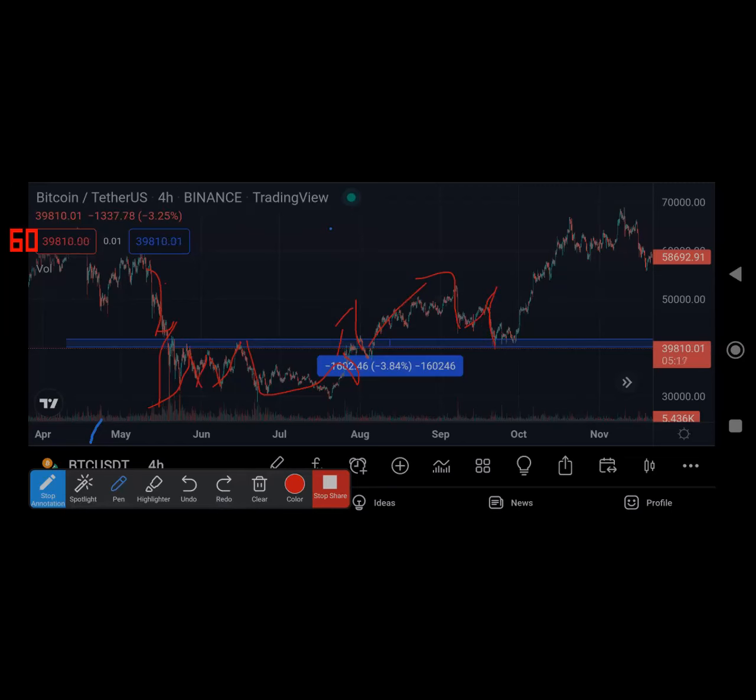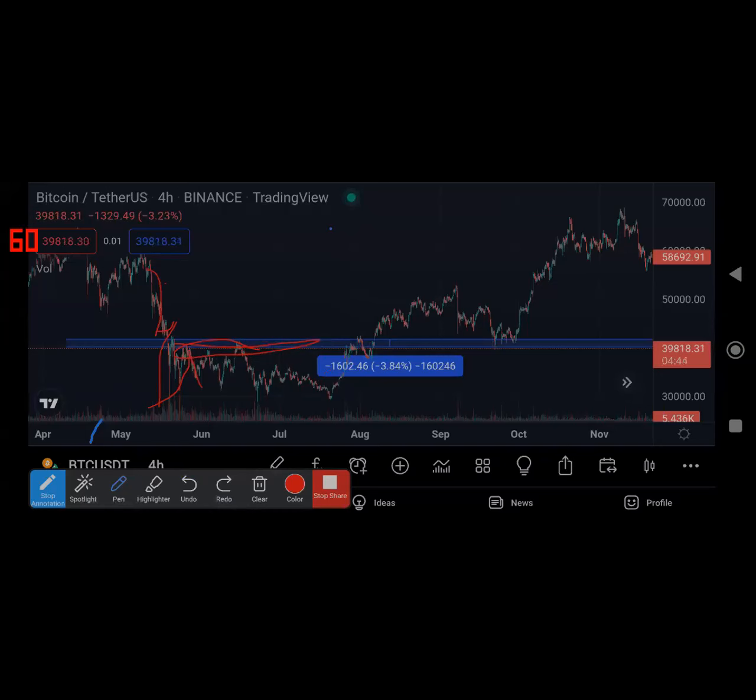Like I said, when the resistance is broken, the new support is formed. So at these particular levels, hold on, let me clean all these things. So at this particular level, these levels, after getting broken, have become a resistance.